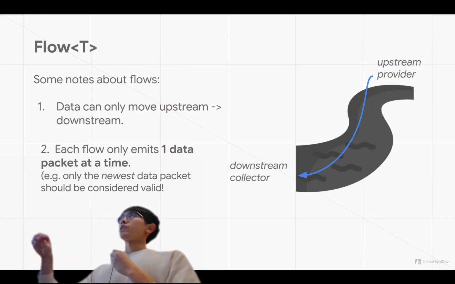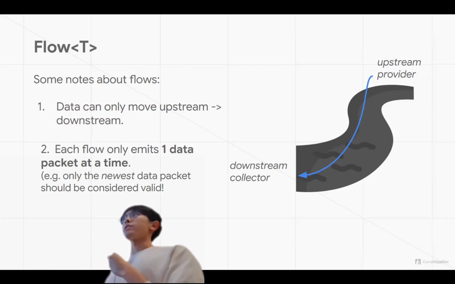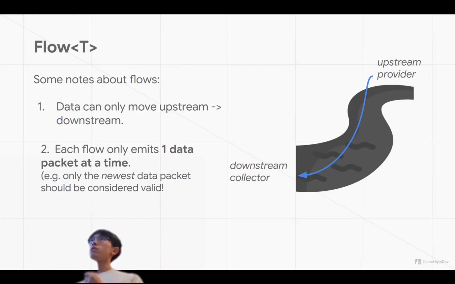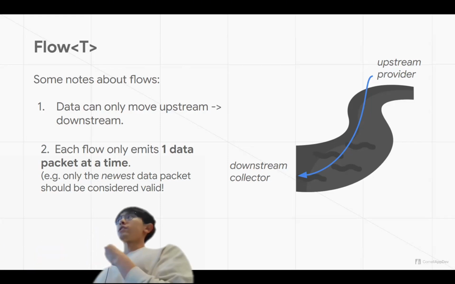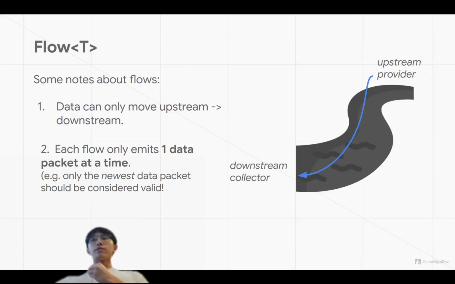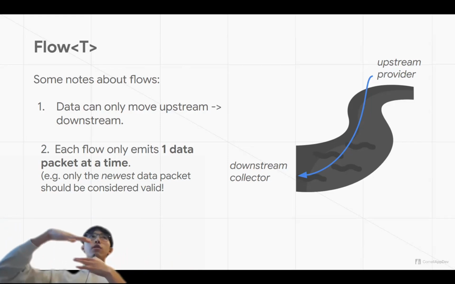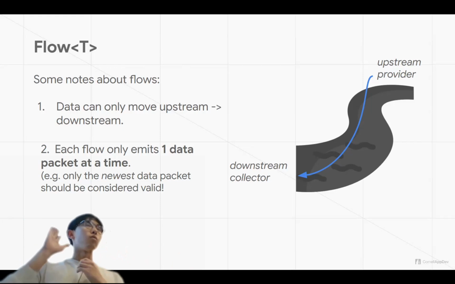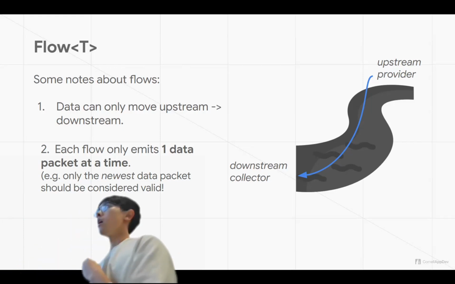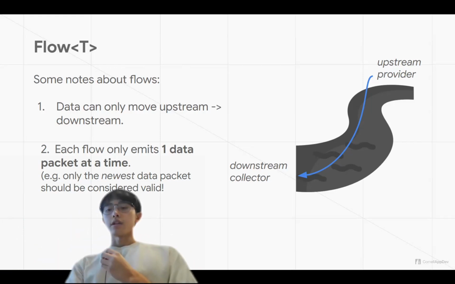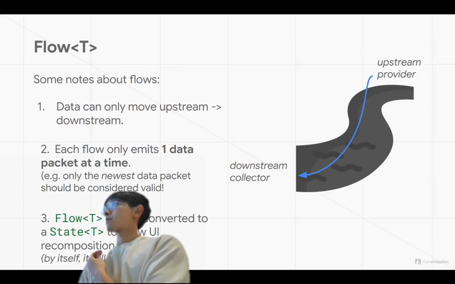But if you were to send a flow of chat message, it would only represent one valid chat message at a time, versus a flow of list of chat messages would say, whenever I emit a list of chat messages, that list consists of all of the data that the screen needs at one particular point in time. And we'll see the distinction in the code example in a bit.